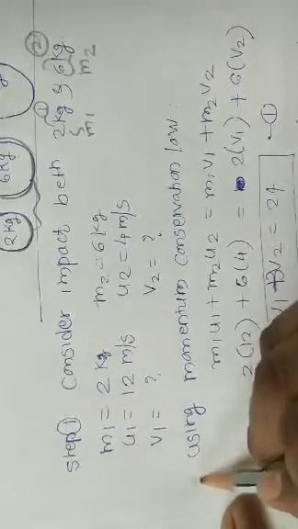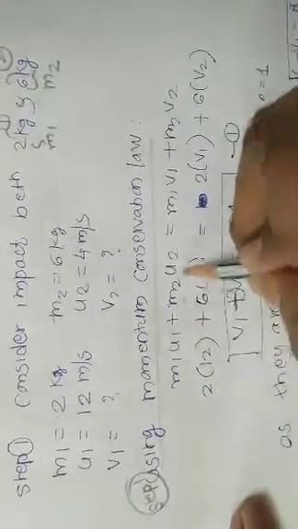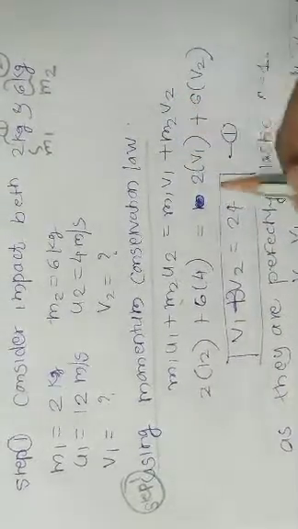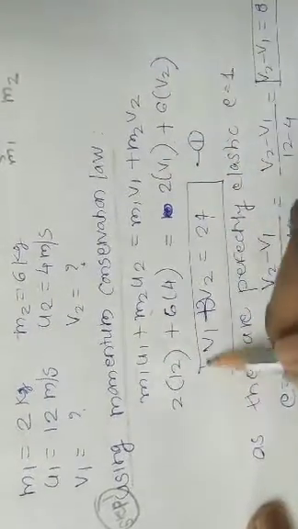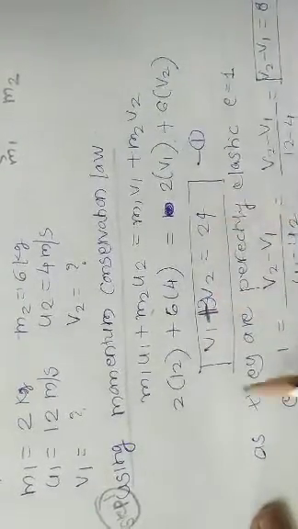Again we use the law of conservation of momentum: m1 u1 plus m2 u2 is equal to m1 v1 plus m2 v2. After putting in the known values, we get v1 plus 3 times v2 equal to 24.